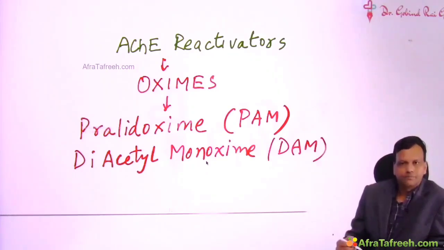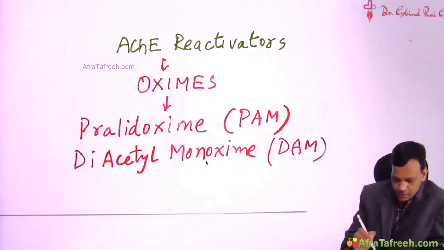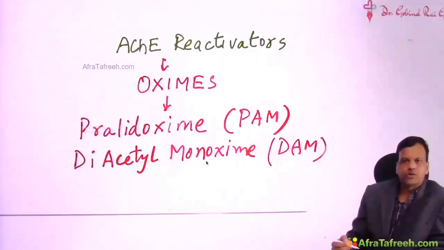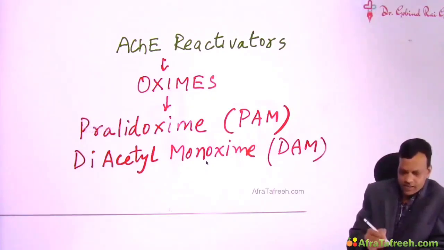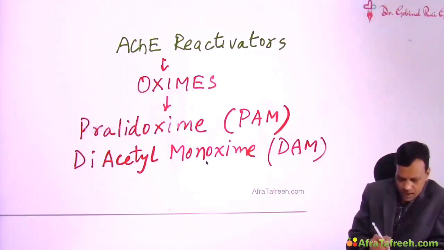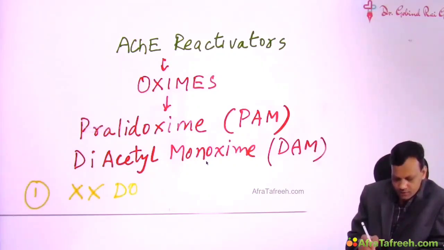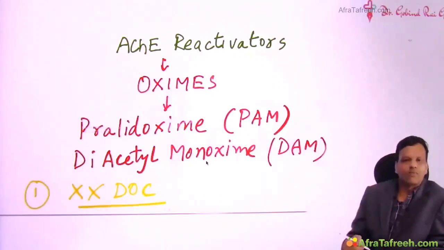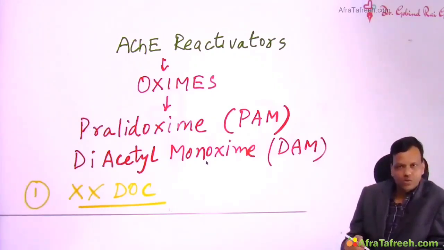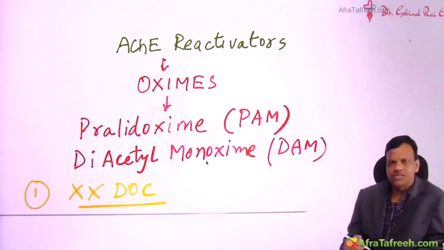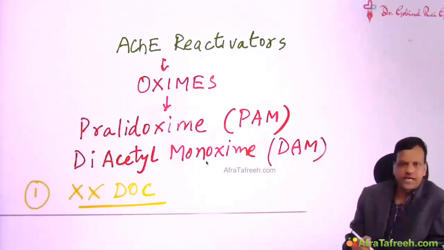PAM and DAM. And 2 important MCQs, in fact 3 important points you need to remember about these drugs. First and the most important thing to remember is oximes are not the drug of choice for organophosphate or carbamate poisoning. The drug of choice, if the question is asked, is atropine. Atropine is life saving. They cannot save the life. They are enzyme reactivators.